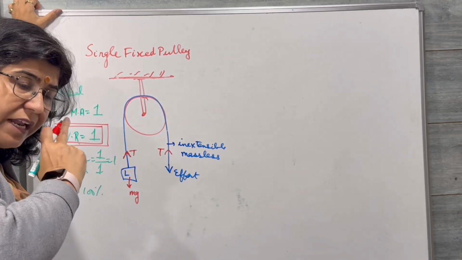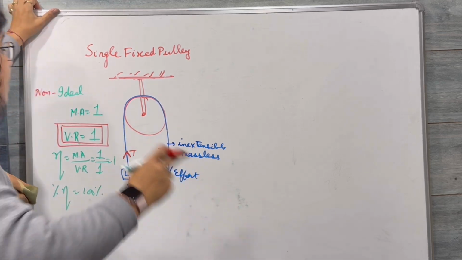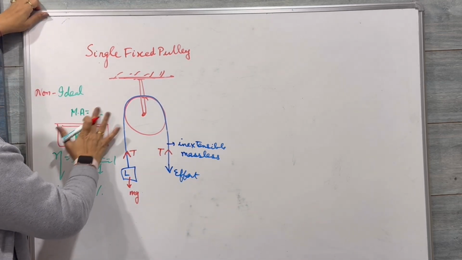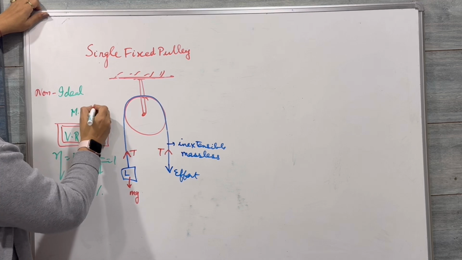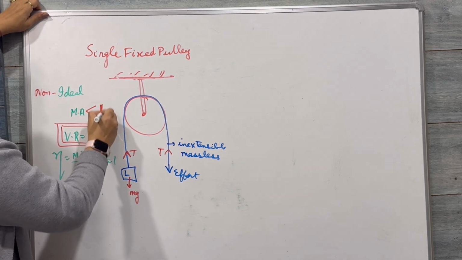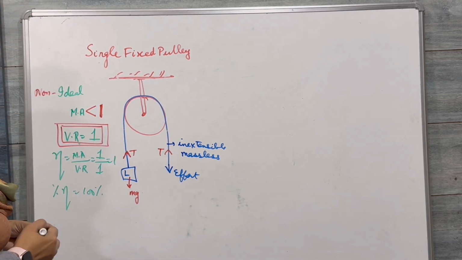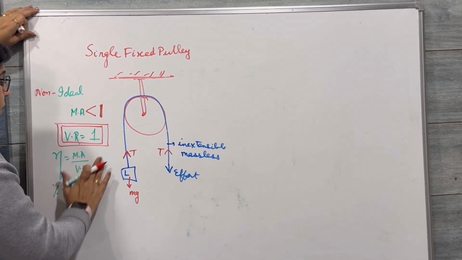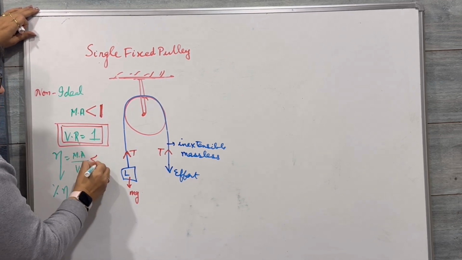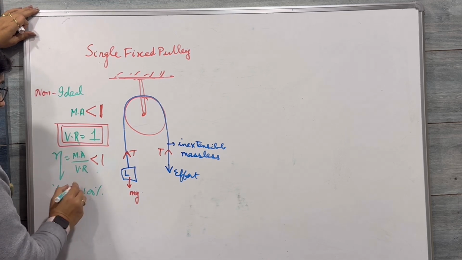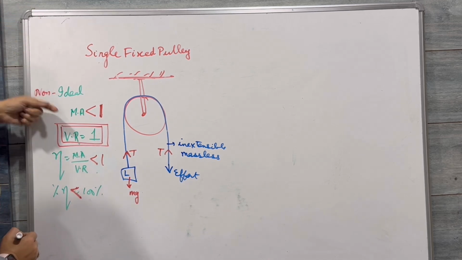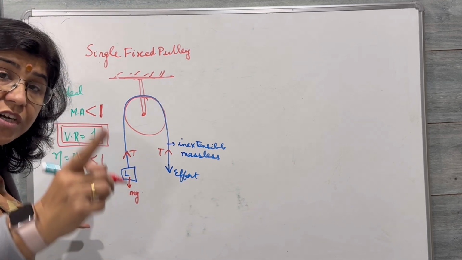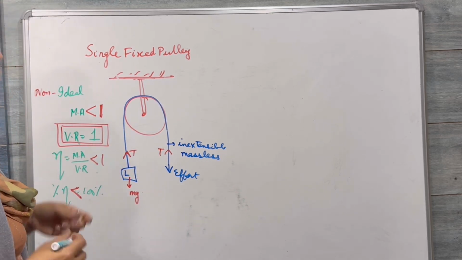It will never change. It's your best friend. Mechanical advantage for non-ideal single fixed pulley reduces from 1, it will be lesser than 1. Therefore, efficiency will always be, for non-ideal cases, less than 1. Efficiency can be less than 100. Everything will change, decrease, except for velocity ratio.